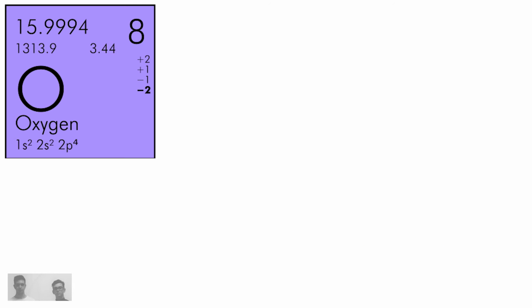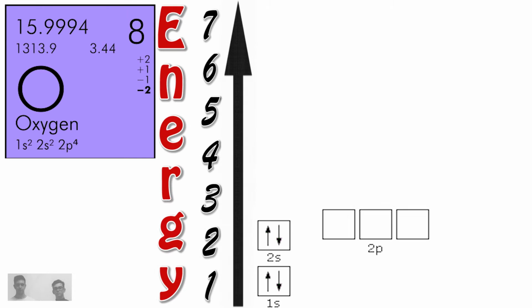If we take oxygen and apply the same method, we can observe that it has 8 electrons, some of which are in the orbital 2p. Let's fill the various orbitals until we arrive at the orbital 2p.